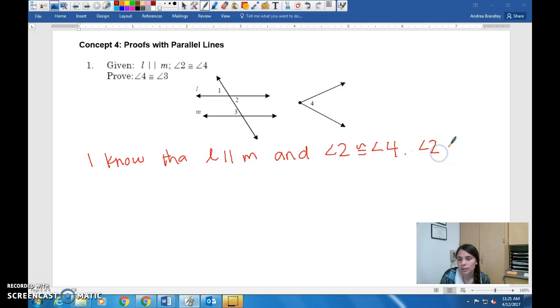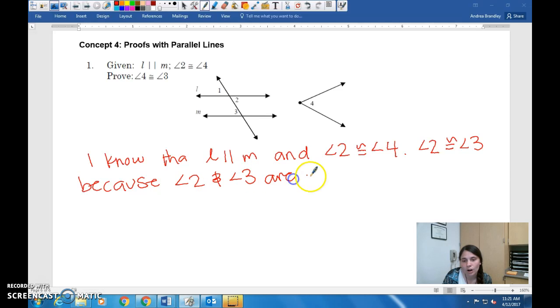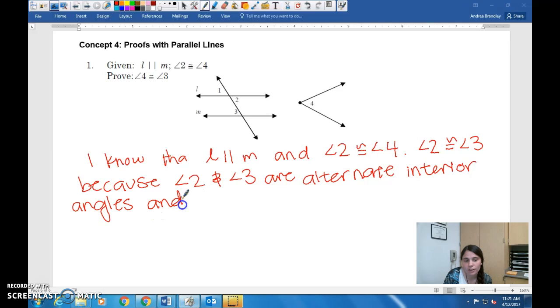Angle 2 is also congruent to angle 3 because angle 2 and angle 3 are alternate interior angles. And alternate interior angles are congruent.